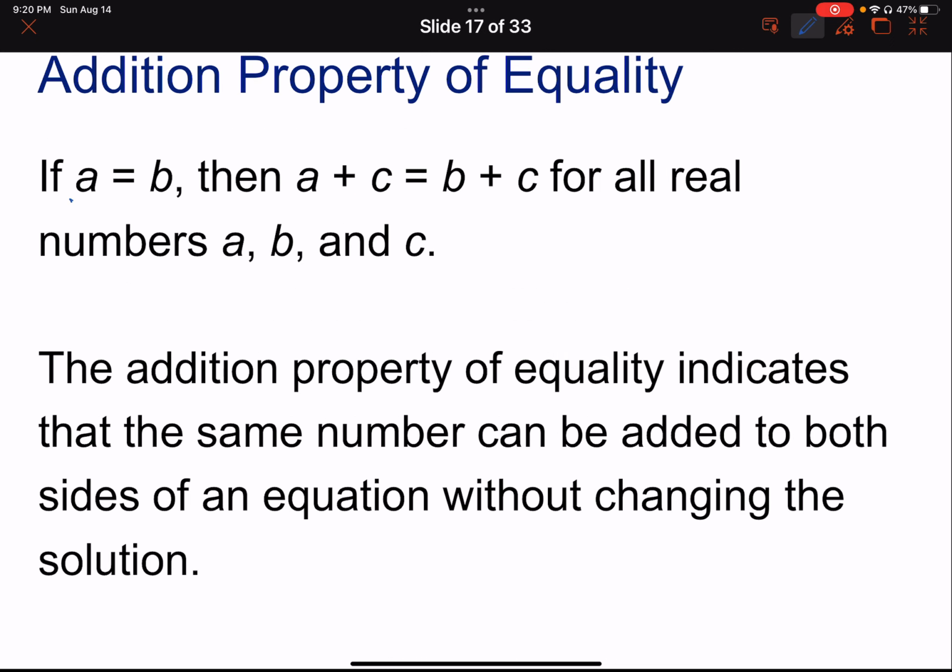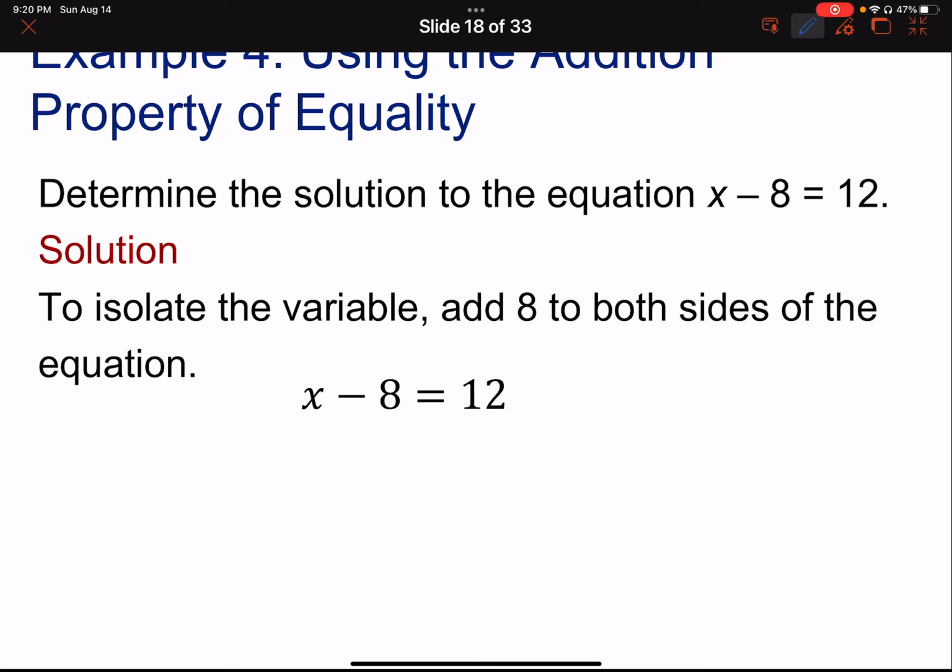It's fairly simple. If you have an equation A equals B, you can add the same constant to both sides. It won't change the solutions to the equation. Okay, so fairly simple. But let's look at an example of how to apply this addition property to solve a linear equation. So x minus 8 equals 12.